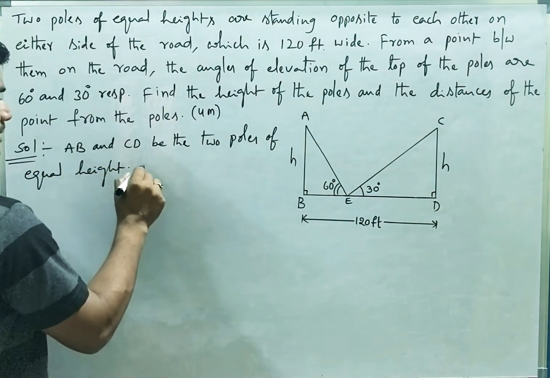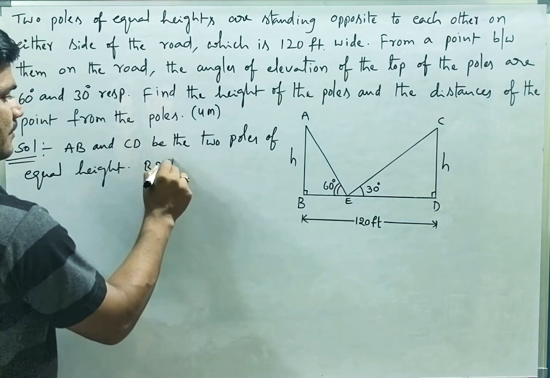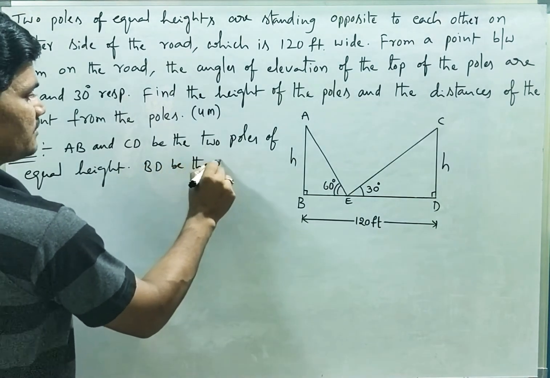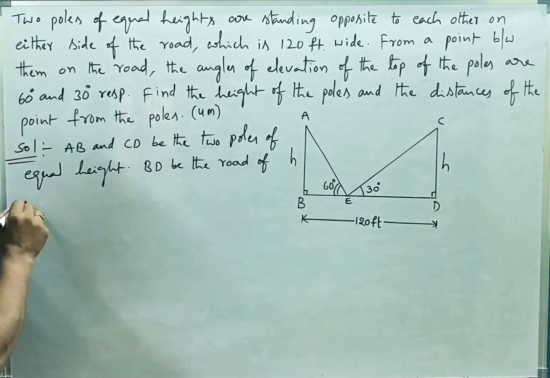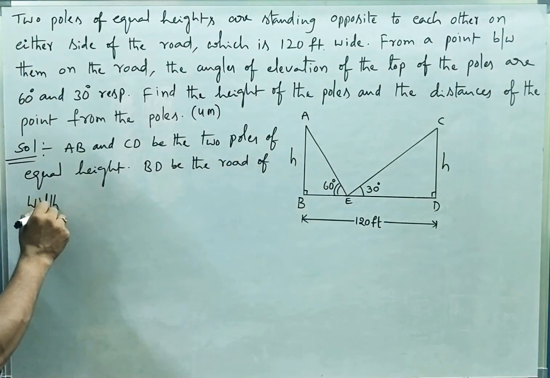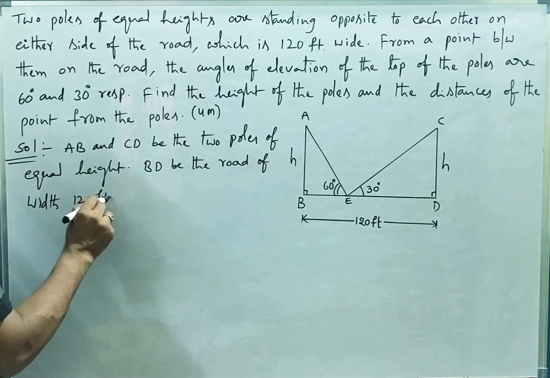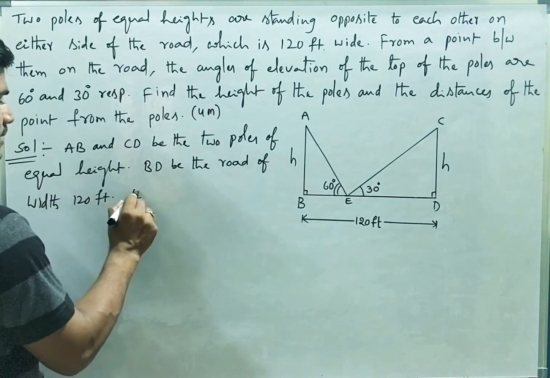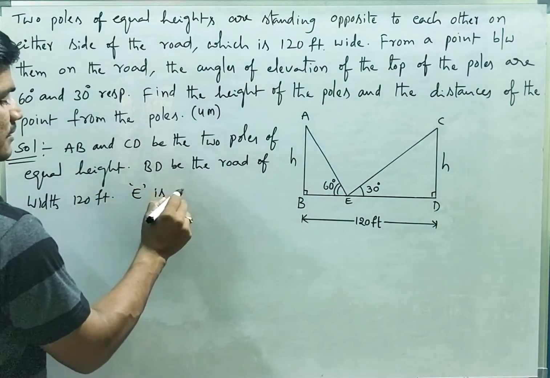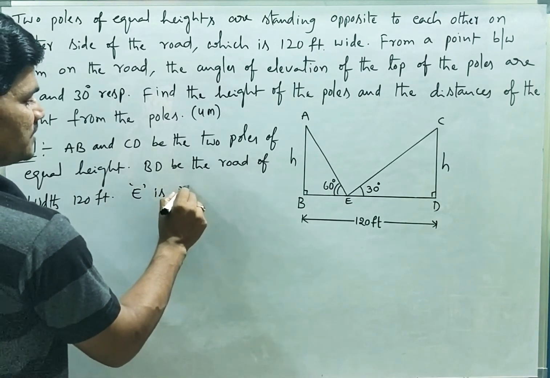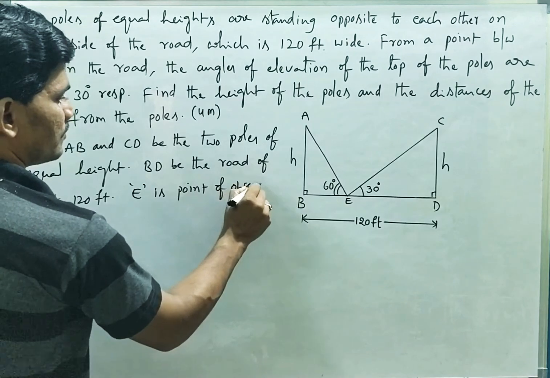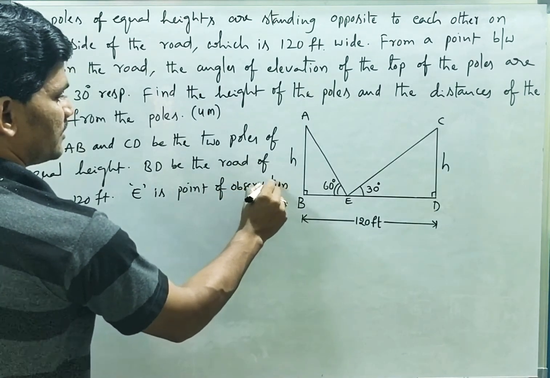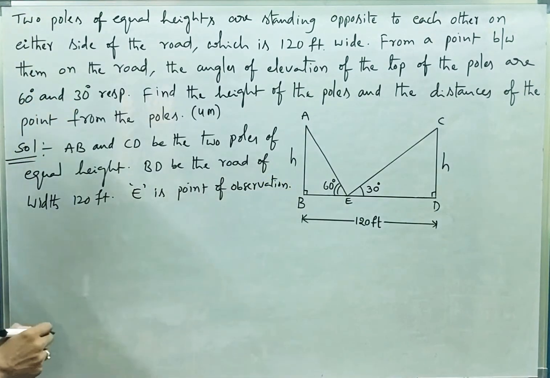BD be the road of width 120 feet. E is the point of observation. These are given. How do we solve?